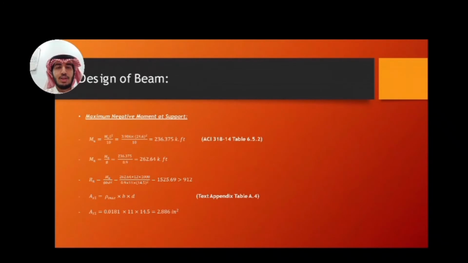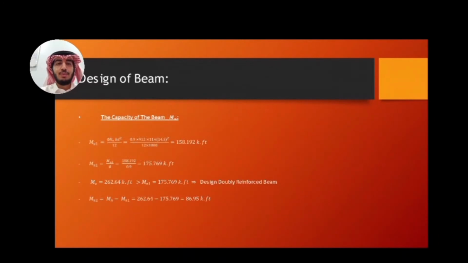Now we will calculate the maximum negative moment at the support, which is equal to ultimate moment. Then after ultimate moment, we calculate the nominal moment, which is ultimate moment divided by 0.9. Then calculating Rn and As1.